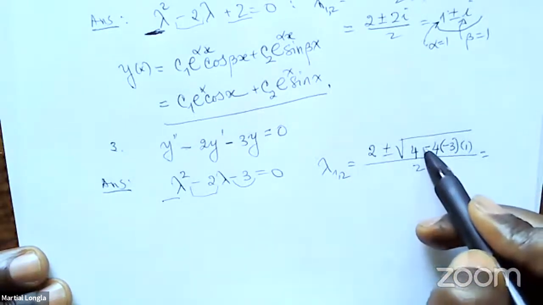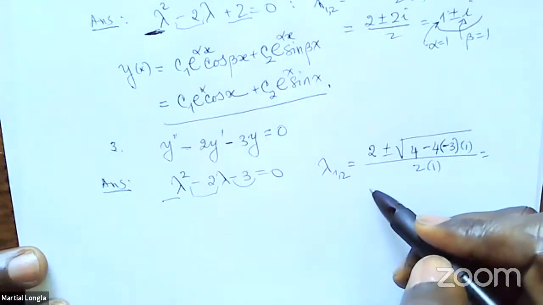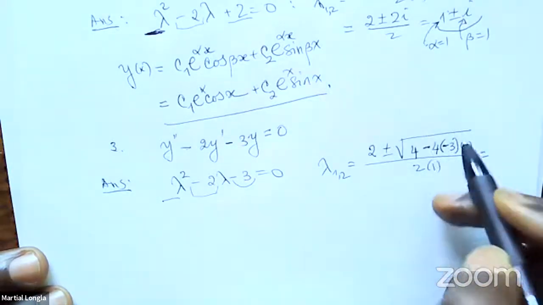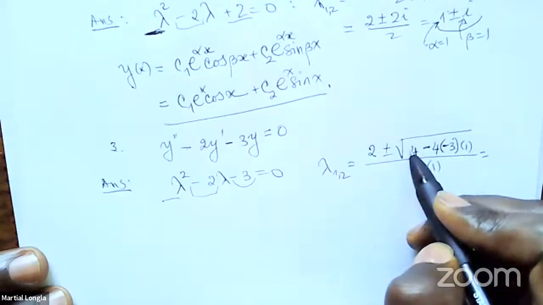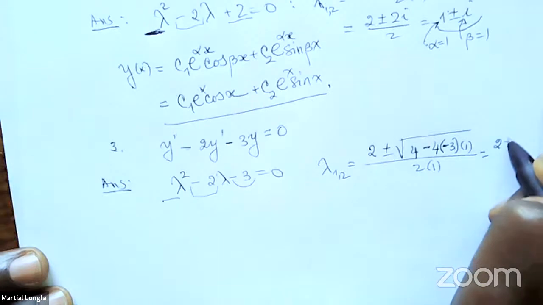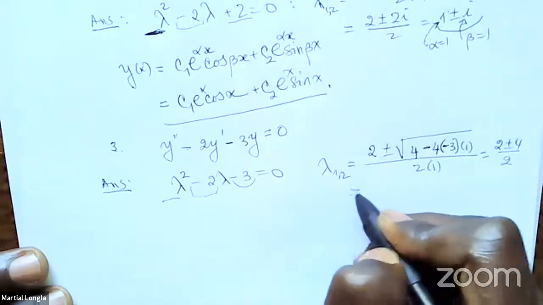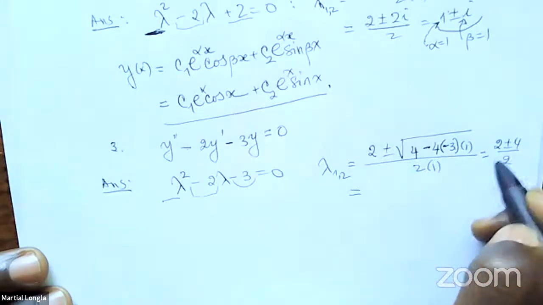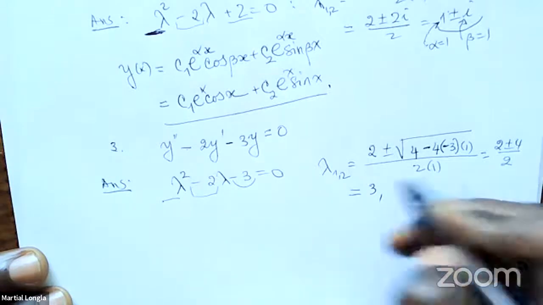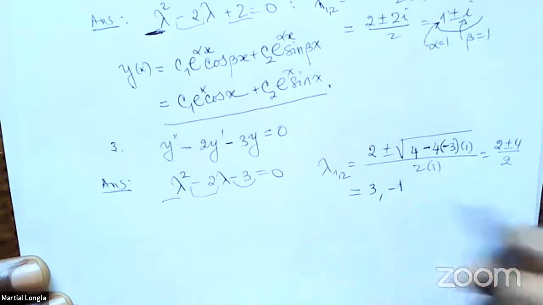And now you can see that's minus and minus. That becomes plus. Most of the time, that's what people miss. That's minus and minus plus. 4 times 3, 12, plus 4, 16. Square root of 16, 4. So 2 plus minus 4 over 2. And when you simplify that, you get 2 plus 4 is 6 over 2, 3. 2 minus 4 is minus 2 over 2, minus 1.